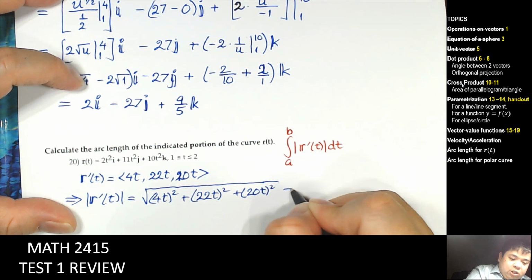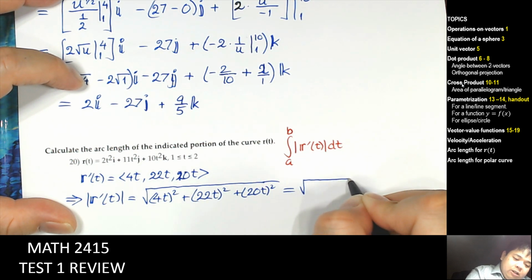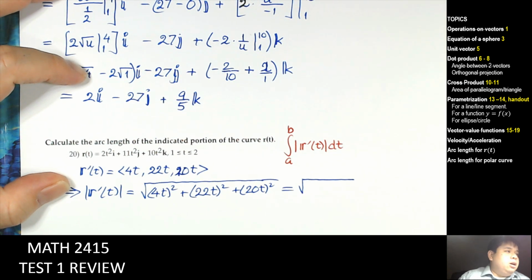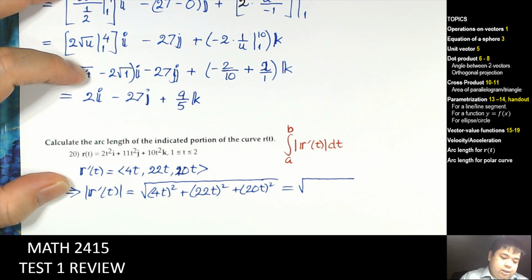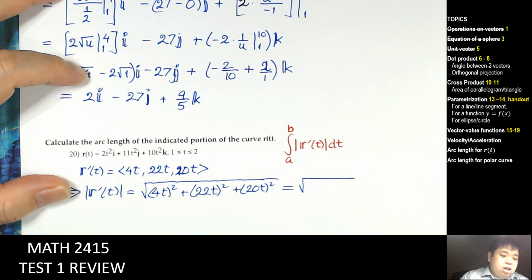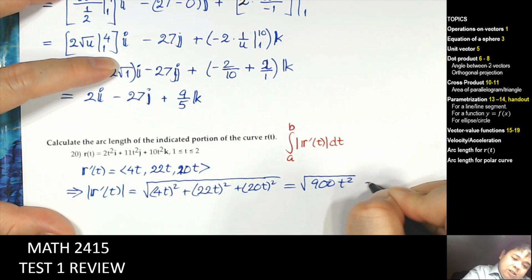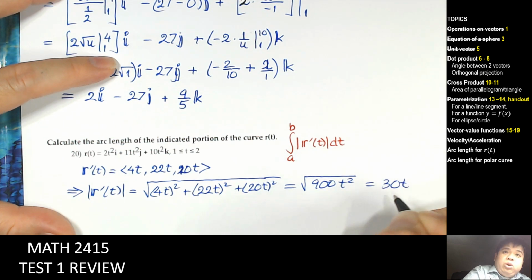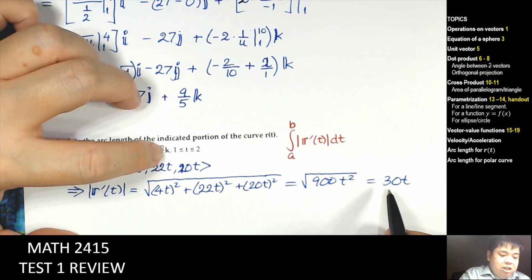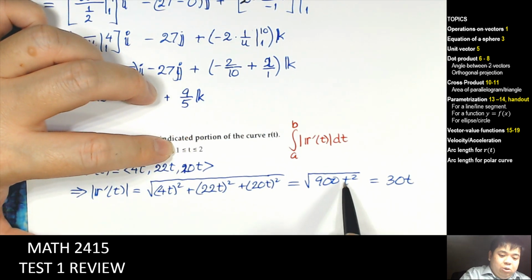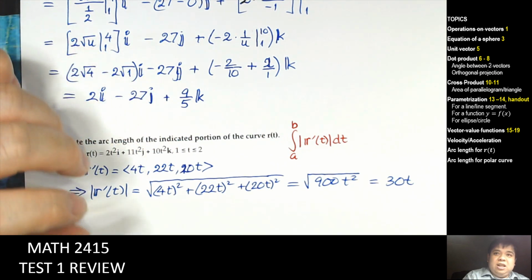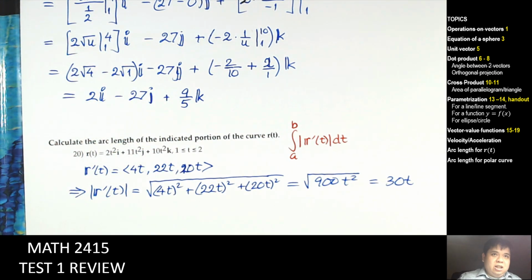All of them have t squared. 4 squared, 20 squared, and 22 squared. That is 900. So that's just 30t. The reason we can write 30t is because t is from 1 to 2, so the square root of t squared is just positive t, which is 30t.